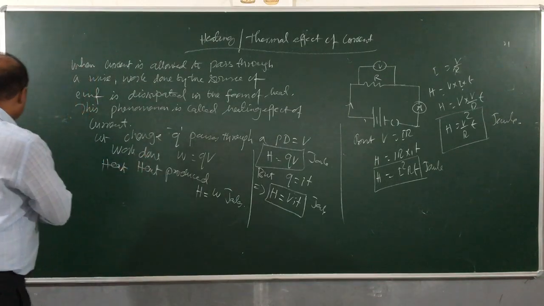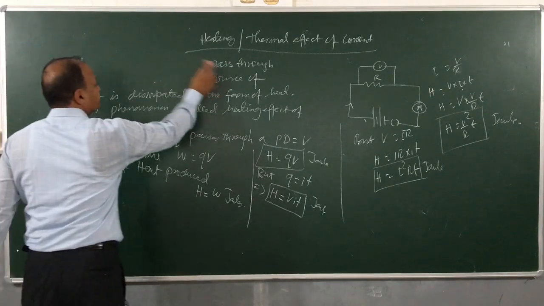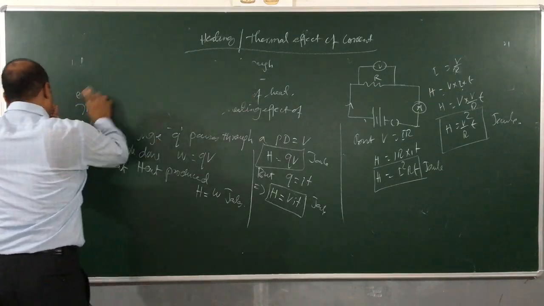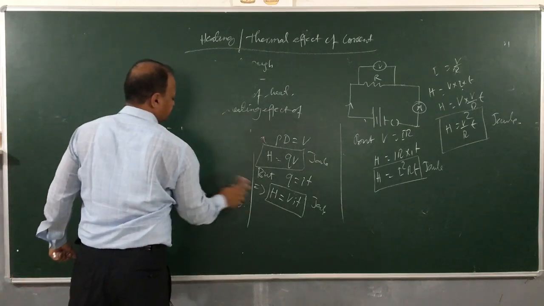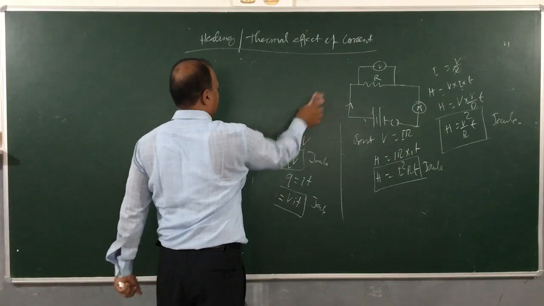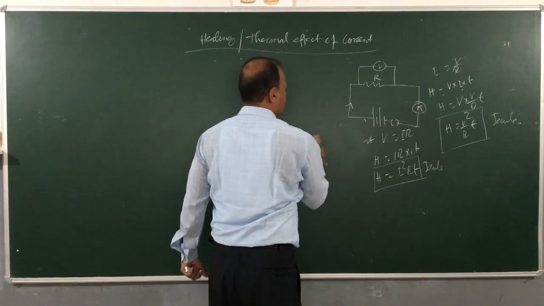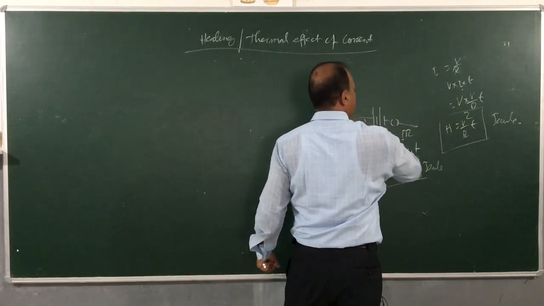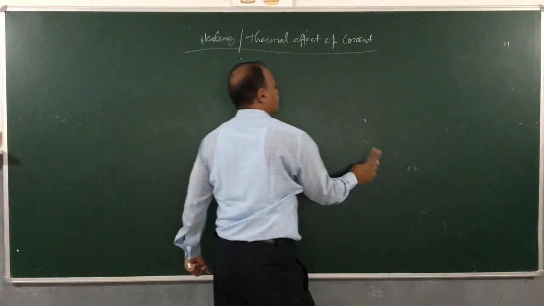Now, suppose I want to calculate heat produced in calories, because basically heat is calculated in terms of calories. Then we can use Joule's law. We have done Joule's law in class 11, which says that work done is directly proportional to heat produced.